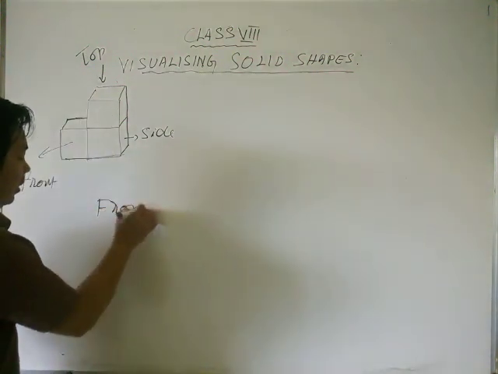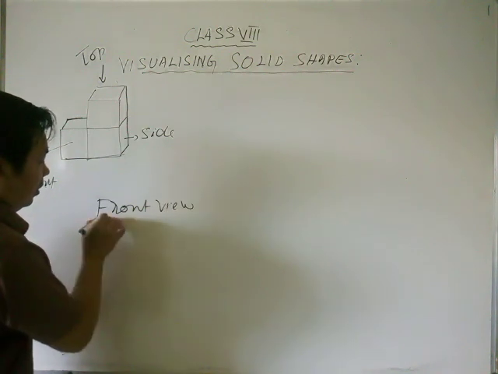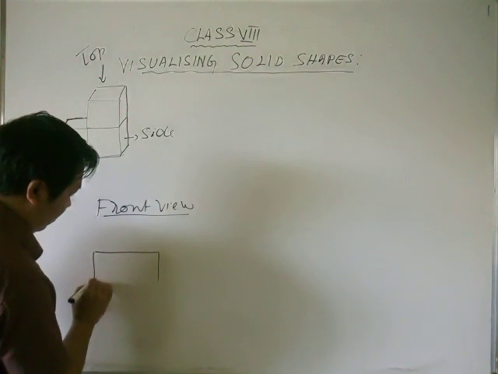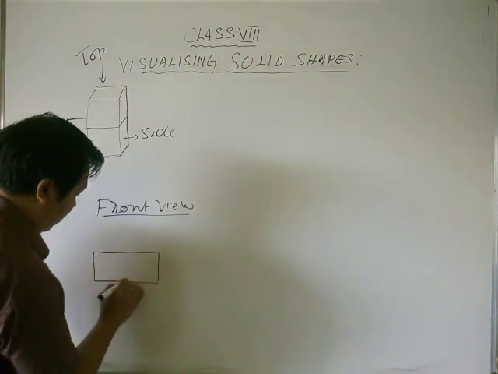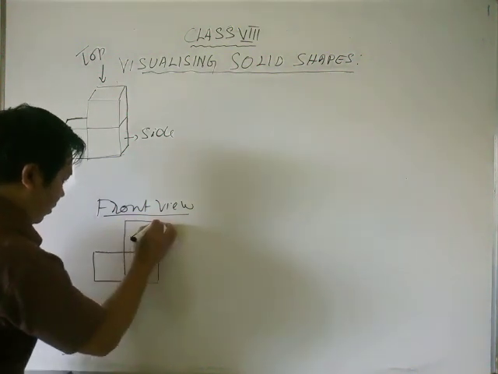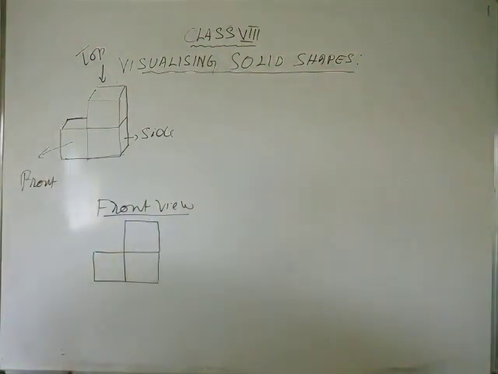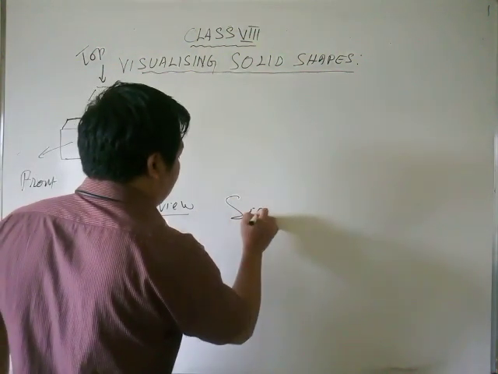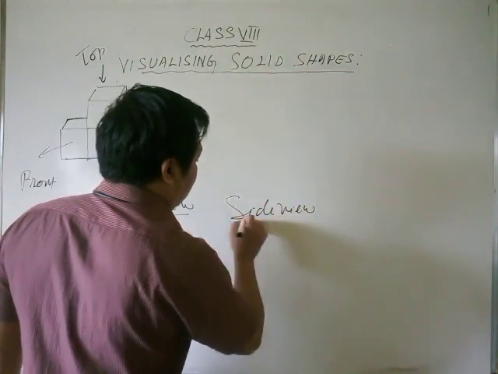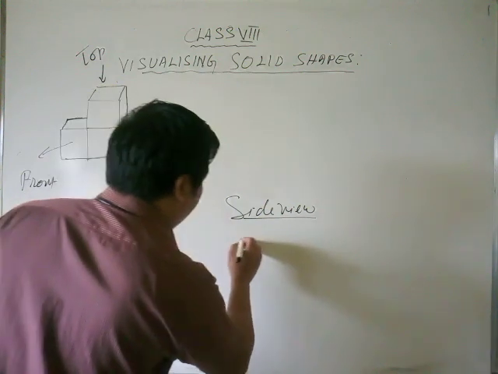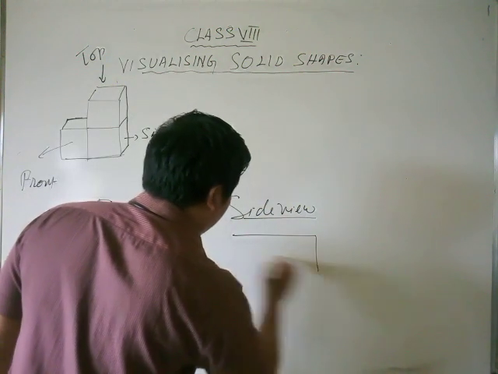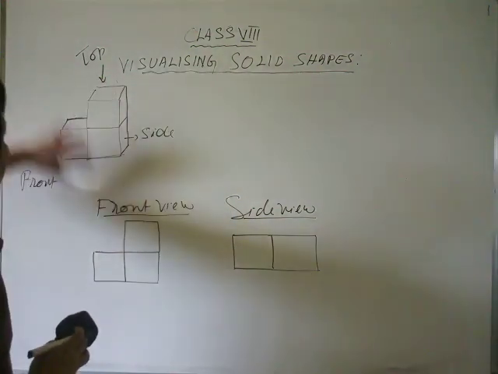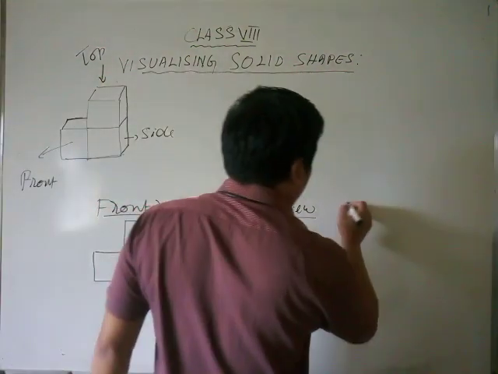Front view will be like this. So this is the front view, isn't it? And side view. How will the side view be? Side view will be like this. This is the side view. And top view.